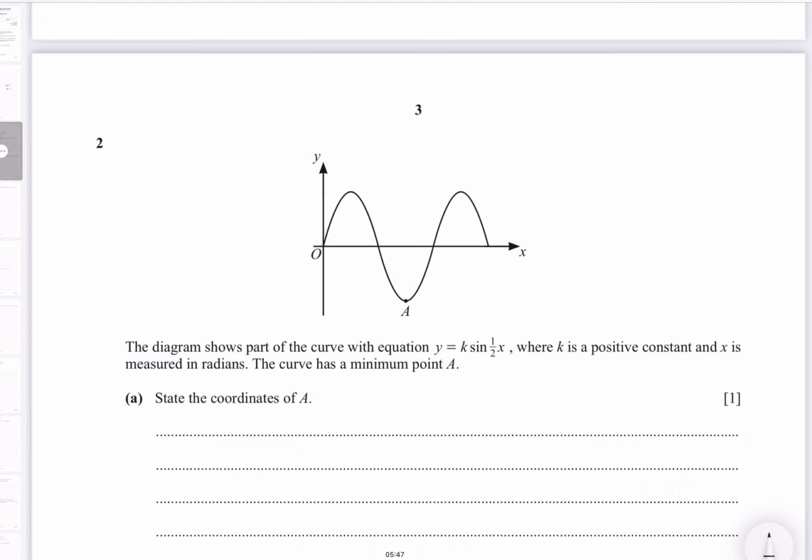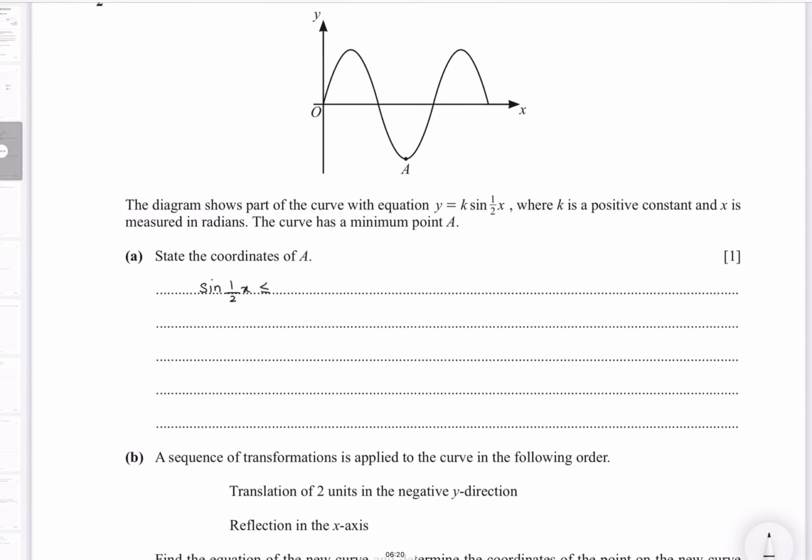As we know, the curves of sine x and cos x range from 1 to minus 1. So we can write that sine of half x is less than or equal to 1 and greater than or equal to minus 1. The point A corresponds to minus 1 on the y-axis. So simplify this: sine of x over 2 equals minus 1.